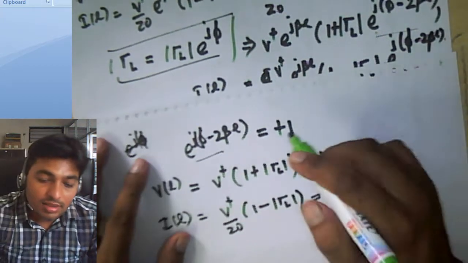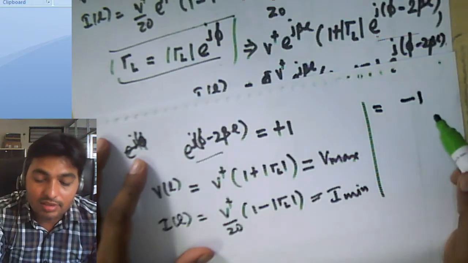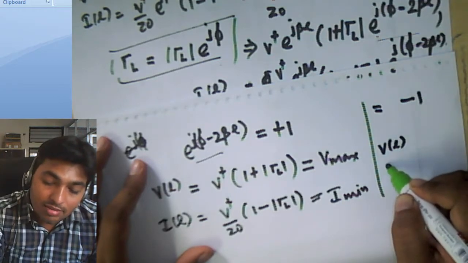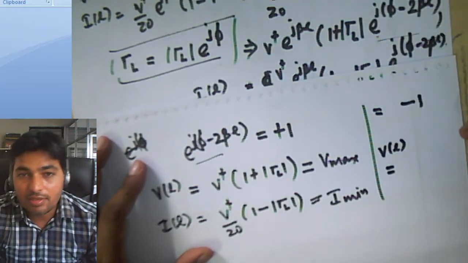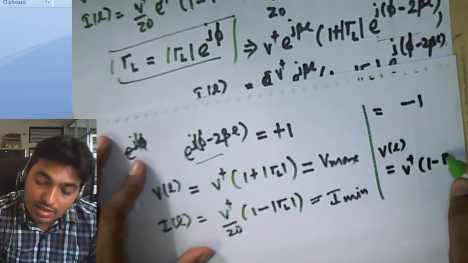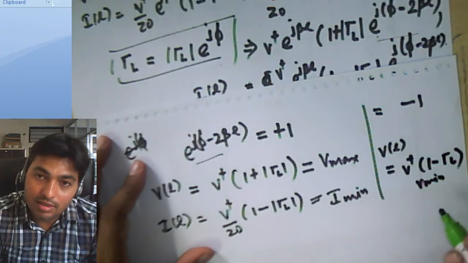Similarly, when this quantity is equal to minus 1, then what will happen? There will be a subtraction of voltage. So this will be V plus times 1 minus the reflection coefficient, which will be our V min.